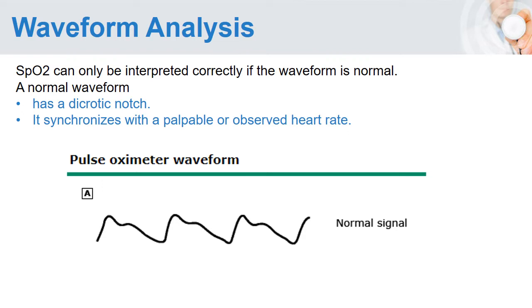Then you get a synchronization with the palpable pulse. For example, if I place my hand on the pulse of the patient, the sound of the pulse oximeter should synchronize with the pulse which I am feeling. If there is some unsynchronization between the two, I should suspect that this pulse oximeter is not working properly.